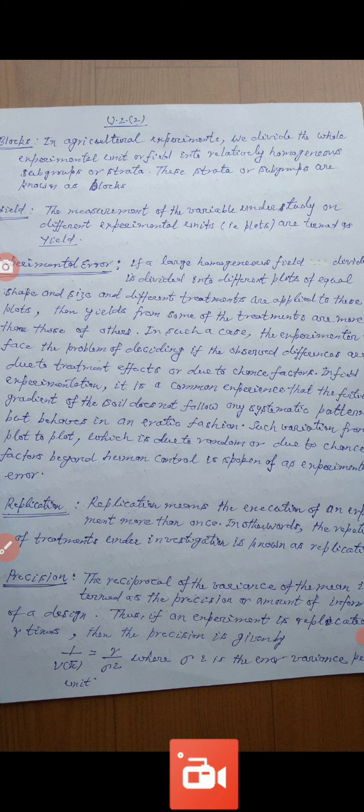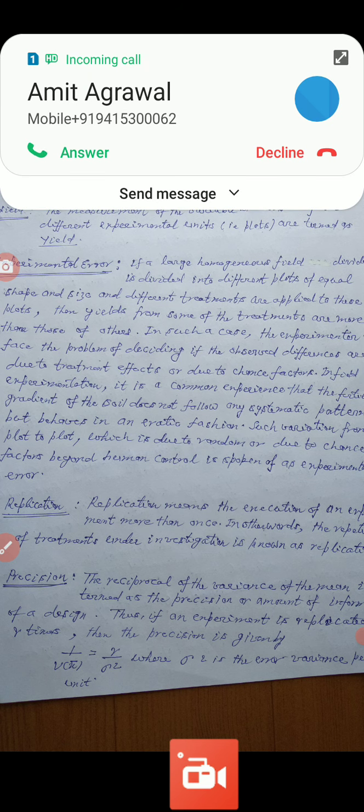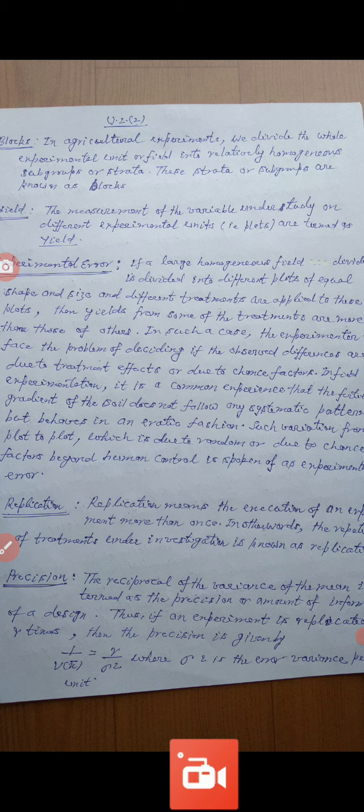Now we will discuss precision. The reciprocal of the variance of the mean is termed as the precision or amount of information of a design.